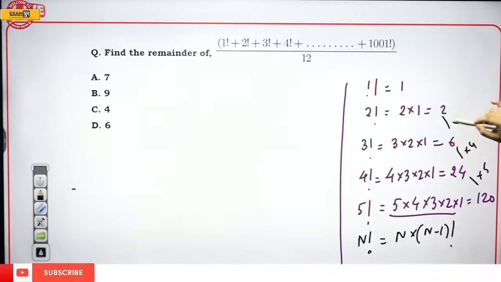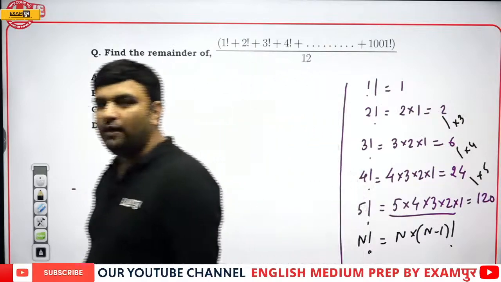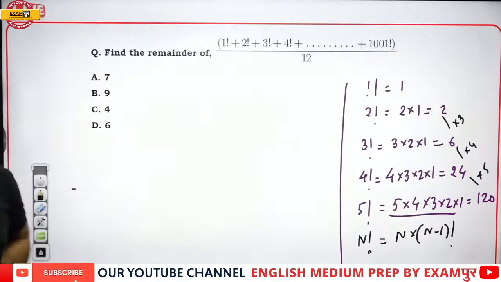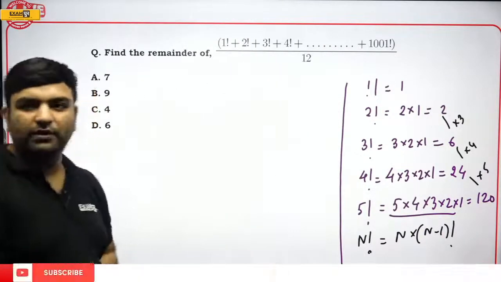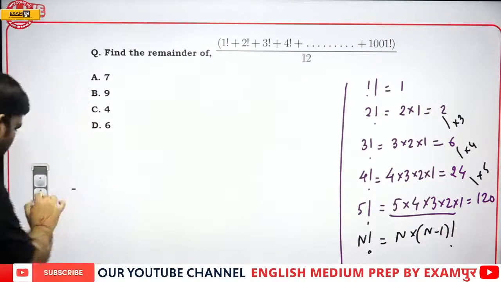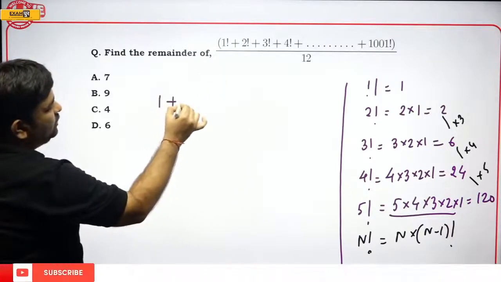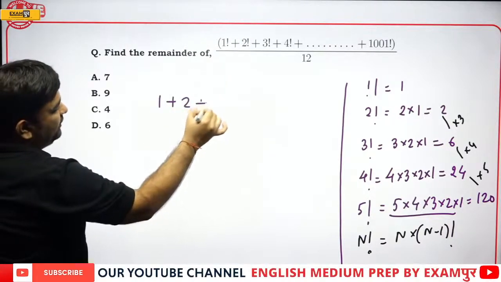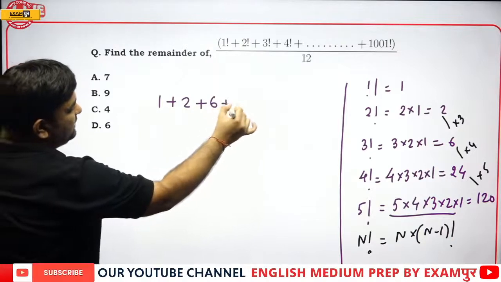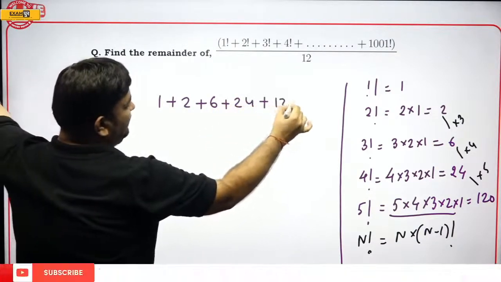If I multiply by 3 in 2 factorial, I will get 3 factorial. So n factorial is n into (n minus 1) factorial. 1 factorial is 1, 2 factorial is 2, 3 factorial is 6, 4 factorial is 24, 5 factorial is 120, like this.